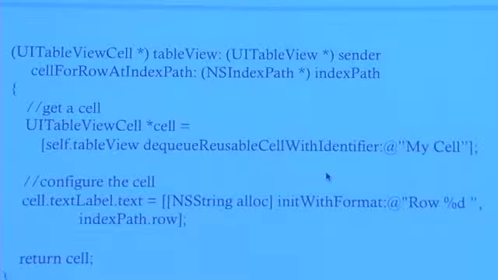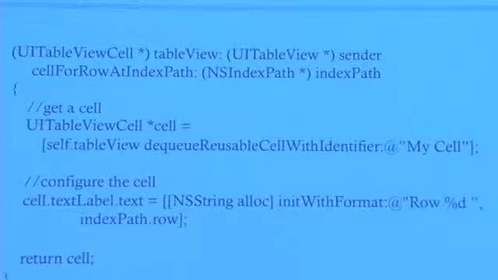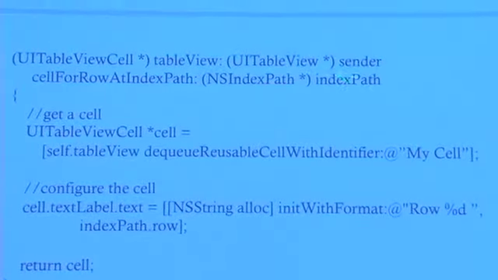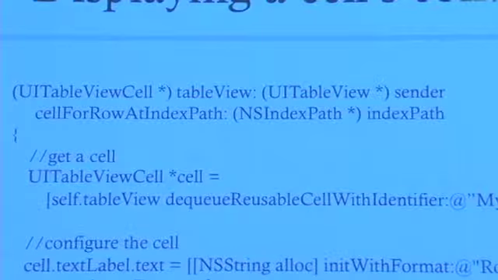In this case, I'm using a basic style cell. One of the properties of that is just a UILabel. So you call it by saying textLabel, and then the text, and I'm just setting the text to be the row number. This method is passed this parameter, indexPath. This indexPath is a simple object.